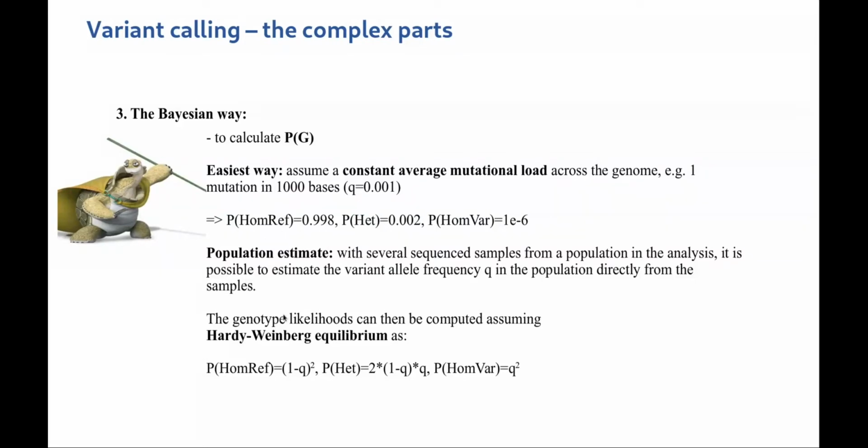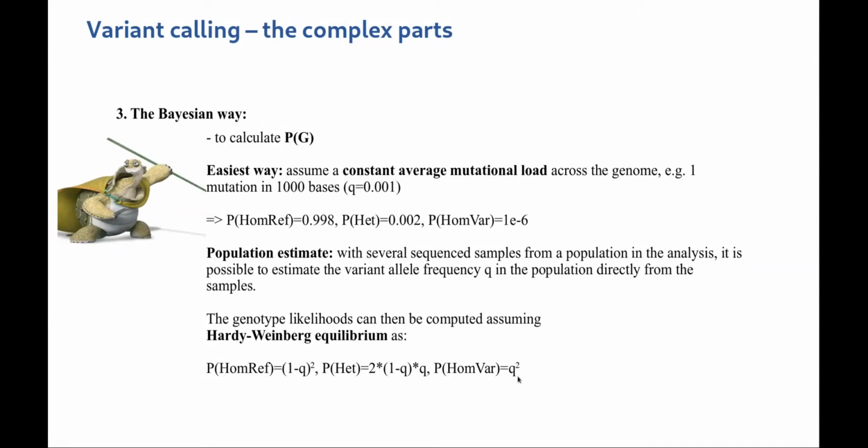And you do this with a formula named after these scientists, the Hardy-Weinberg equilibrium, which states that the probability of the homozygous reference genotype is (1 minus this mutational load) squared. As I said, the heterozygous probability is 2 times, it's like a binomial formula.